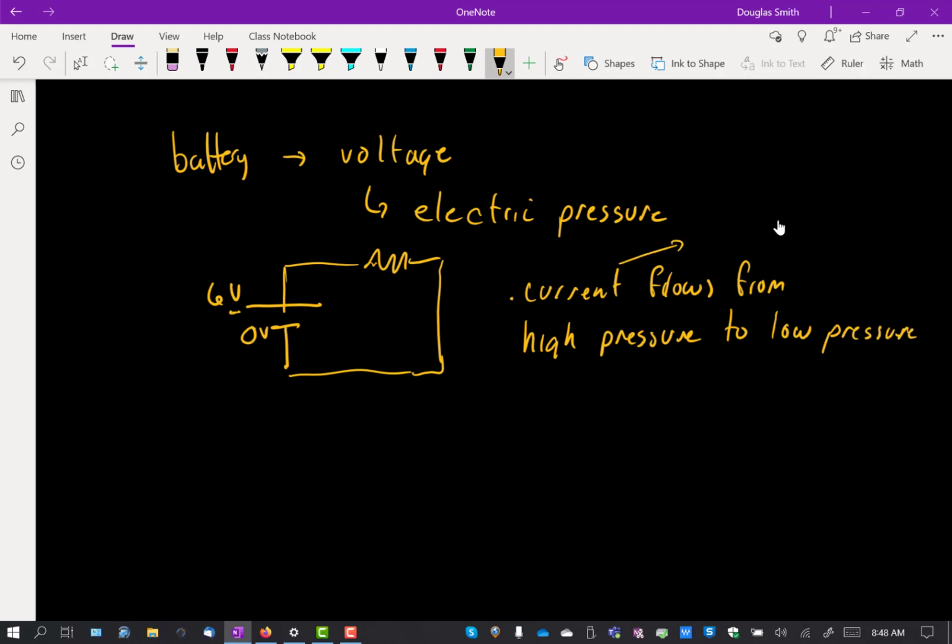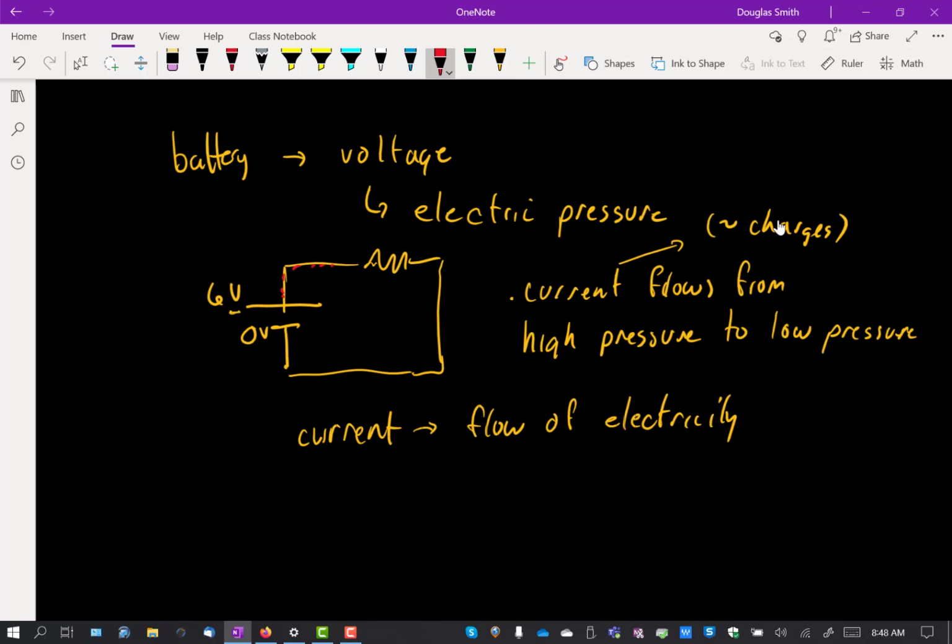It's not quite like that, but we'll just say charges. Current is the flow of electricity. So in this diagram, charges are flowing this way through the circuit from high pressure to low pressure.